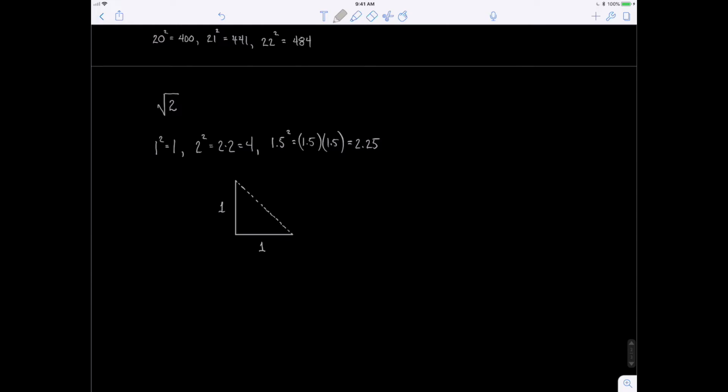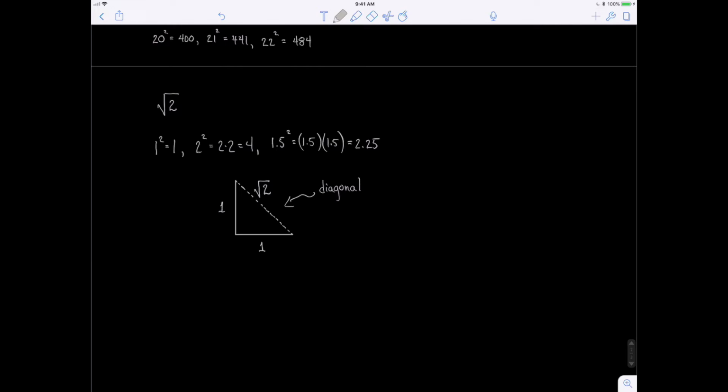The distance across that square isn't 1, or across this diagonal here. This is called the diagonal. The diagonal is actually not 1. It is the square root of 2.